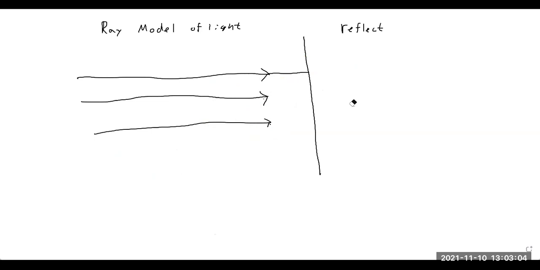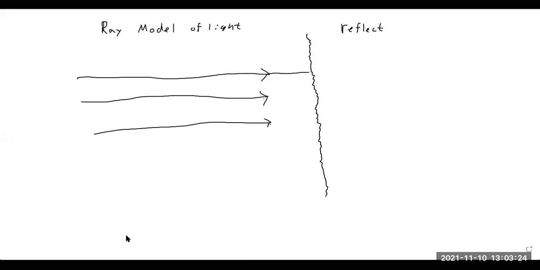So if you've got diffuse reflection, one way of thinking of it is bouncing off of a rough surface.